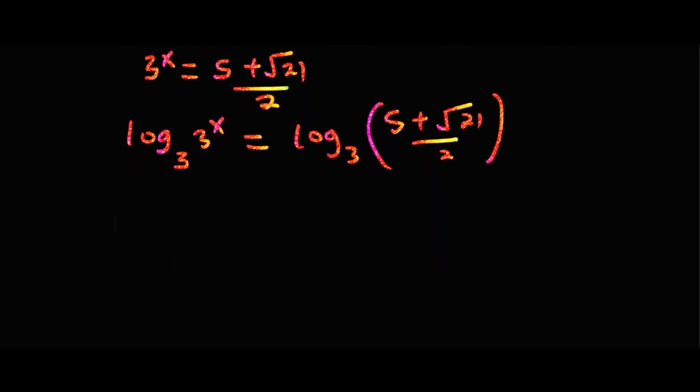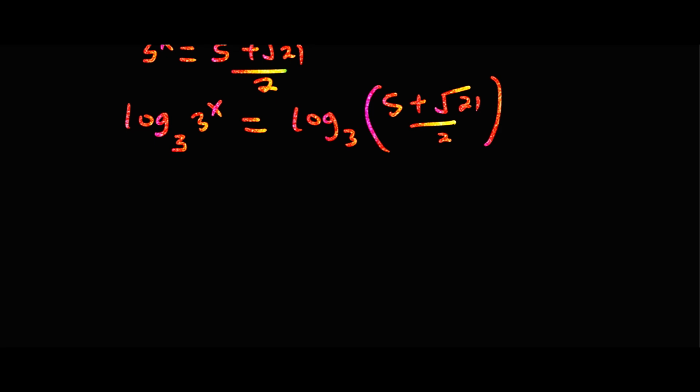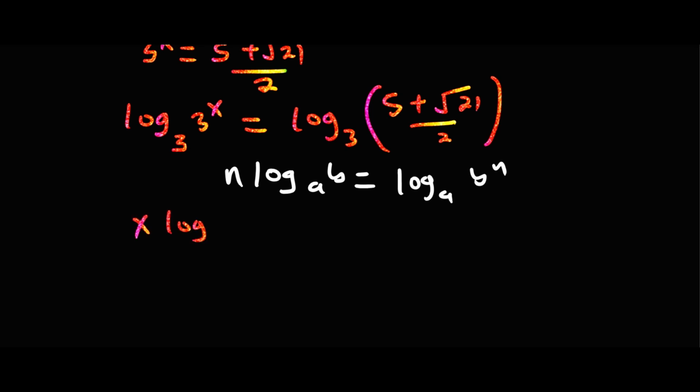So according to the laws of logarithms, we can write the left hand side differently. Remember, n log to base a of b is the same as log to base a of b power n. So the left hand side will be x log to base 3 of 3, which is equal to log to base 3 of 5 plus root 21 over 2.